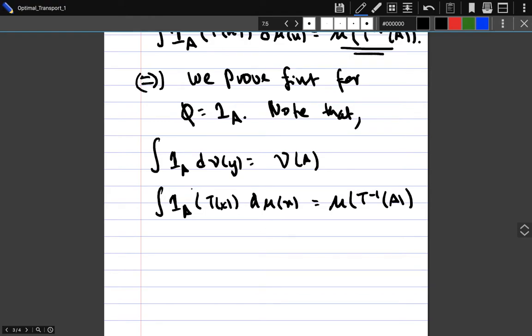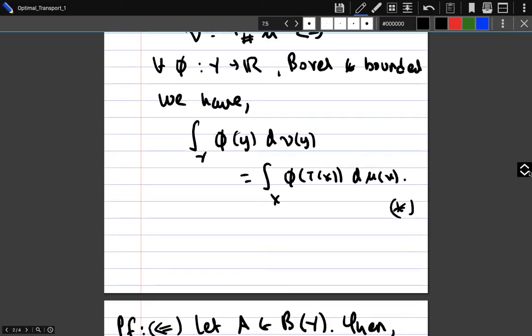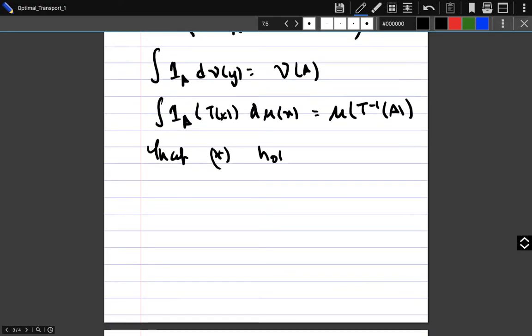We assumed that nu is exactly equal to the push forward measure of mu. So we verify, or we can say that, we can call this equality star. So we can say that star holds for all indicator functions.